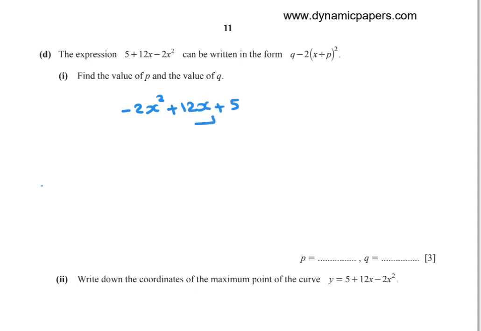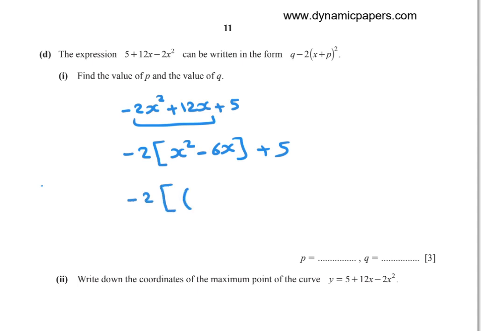Now focus on x squared and x. If you have any number in front of x squared, take it common, so negative 2. So you are left with x squared, and 12 divided by negative 2, negative 6, so negative 6x plus 5. Now convert that expression using the rule for completing the square.